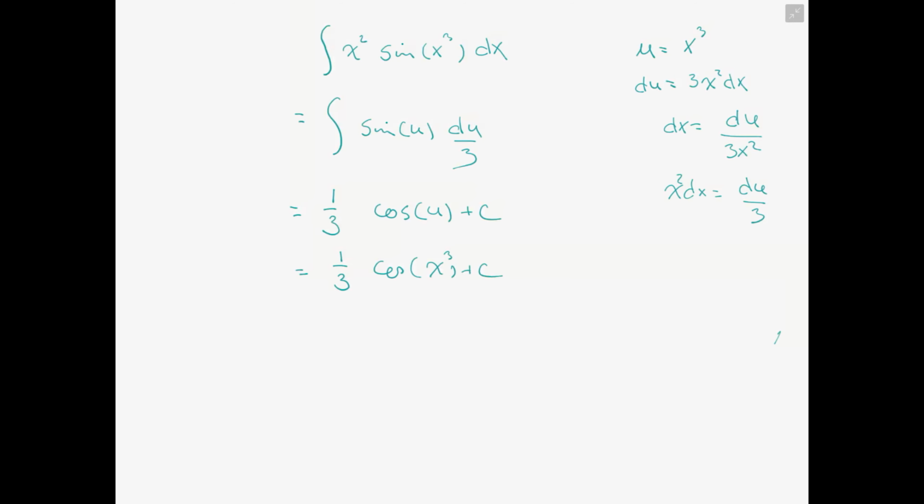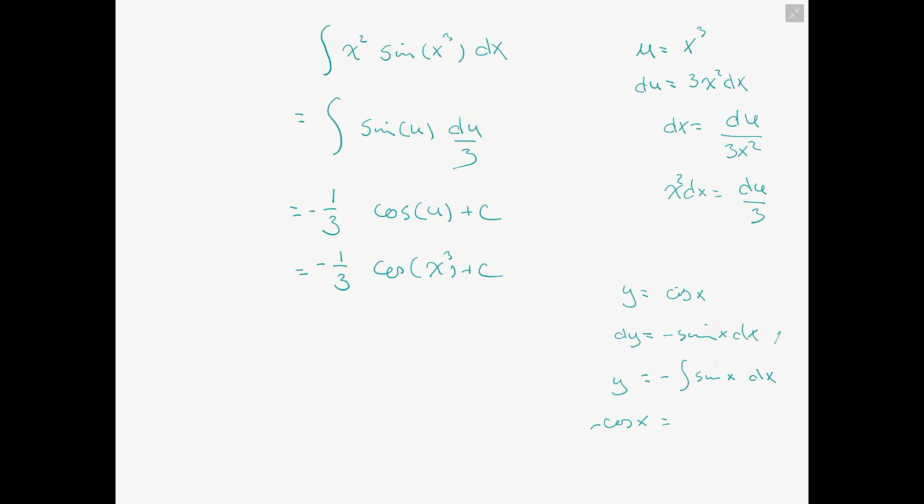And I think I got something mixed up here. So let's say y equals cos x, dy equals minus sine x dx. So I left out a minus sign here.